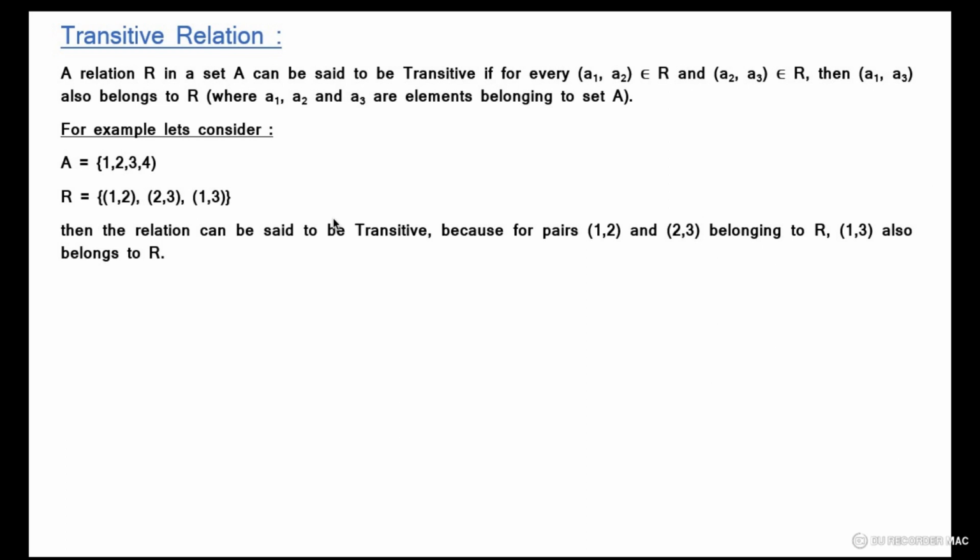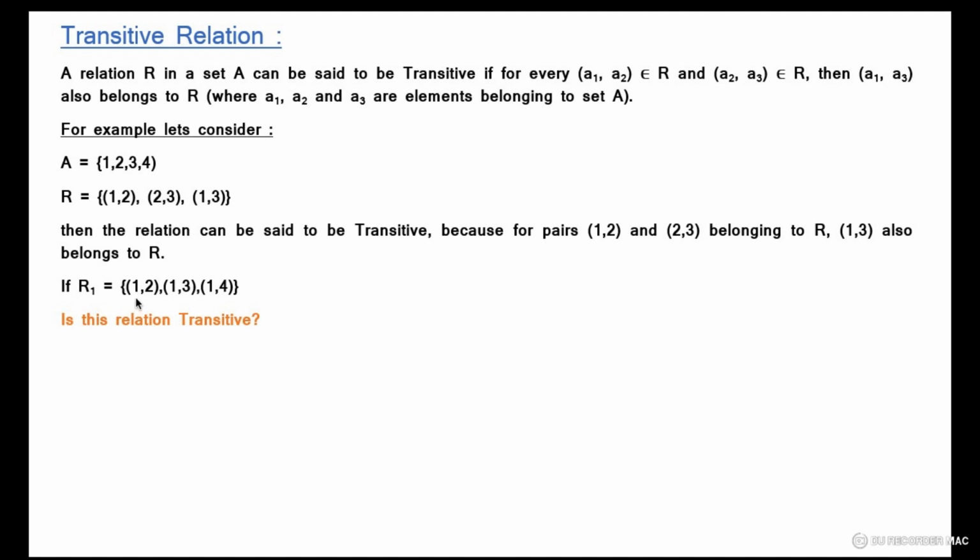Yes, this relation is transitive because for pairs (1, 2) and (2, 3), (1, 3) is also present in R. That is, this pair is of the form (A1, A2) and this is of the form (A2, A3). So for (A1, A2) and (A2, A3) belonging to R, we have (A1, A3) belonging to R. So this proves that this relation is a transitive relation.